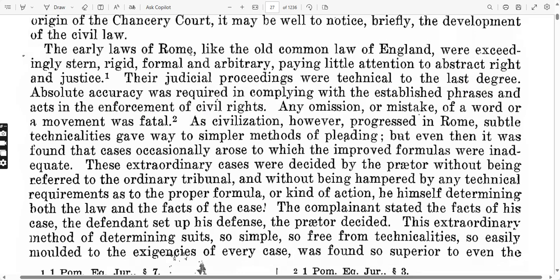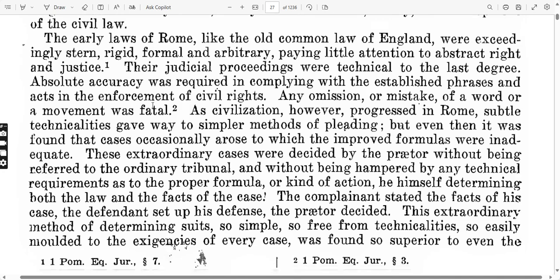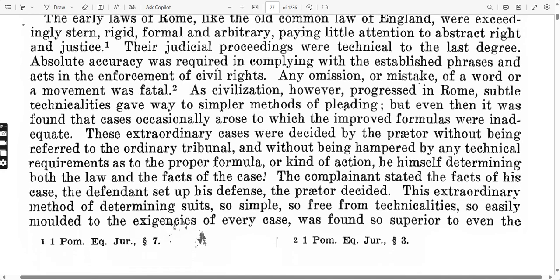The early laws of Rome, like the old common law of England, were exceedingly stern, rigid, formal, and arbitrary, paying little attention to abstract right and justice. Their judicial proceedings were technical to the last degree. Absolute accuracy was required in complying with the established phrases and acts in the enforcement of civil rights.